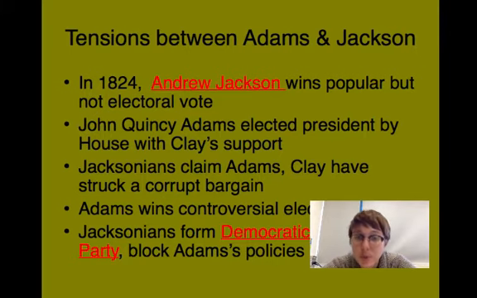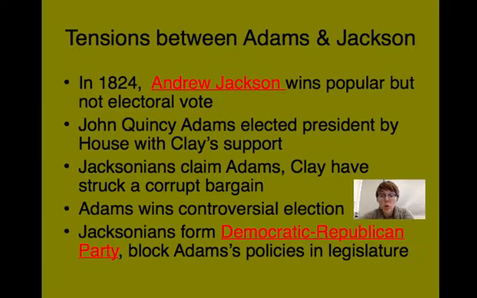Jacksonians, who are people loyal to Andrew Jackson, start getting very angry about this and claim that Adams and Clay have struck a corrupt bargain to gain the national government. What is the outcome of this election? Jackson does not win. Adams wins because he wins the electoral vote.